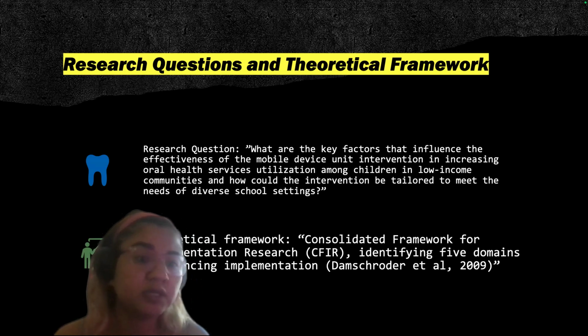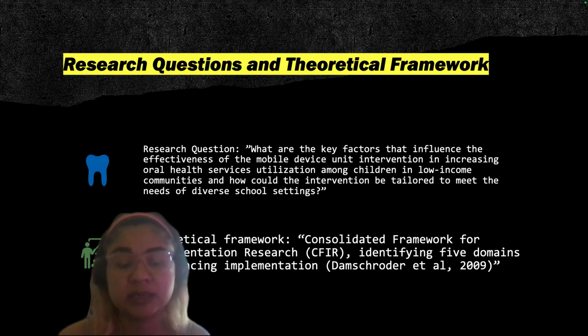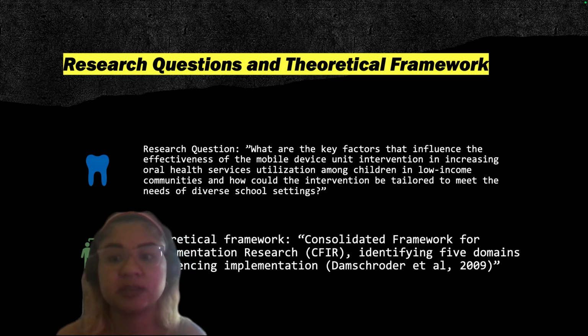So, we will be using the theoretical framework, Consolidated Framework for Implementation Research, CFIR, which identifies five domains that influence the implementation. One, the intervention characteristics, understanding the characteristics of the mobile dental unit intervention, its complexity, adaptability, and perceived benefits.